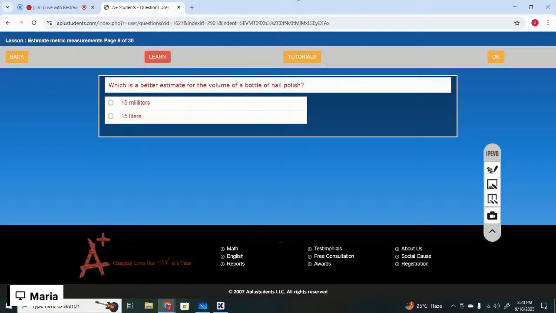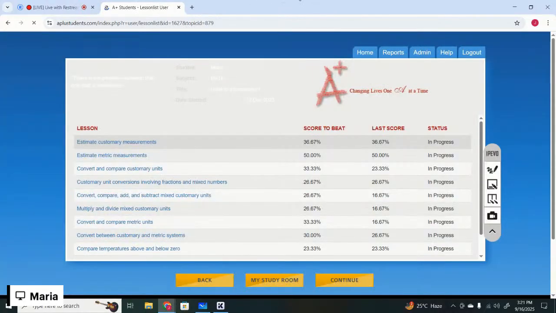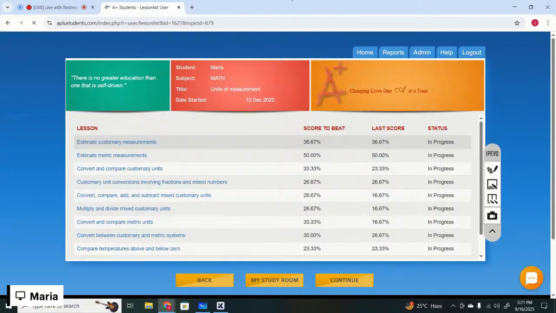Which is a better estimate for the volume of a bottle of nail polish? It would be 15 milliliters. Option number 1 is the correct option. Okay, you can complete the lesson by yourself later today. Let me just move on to the next lesson.